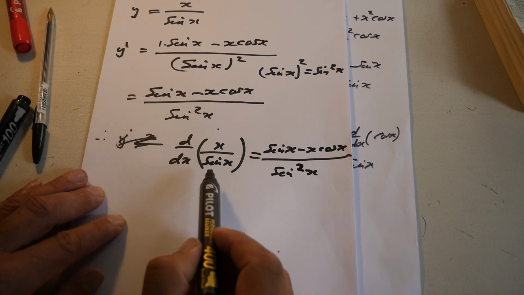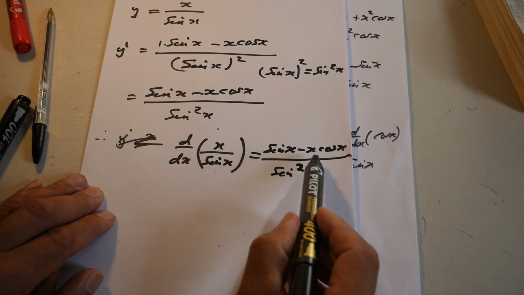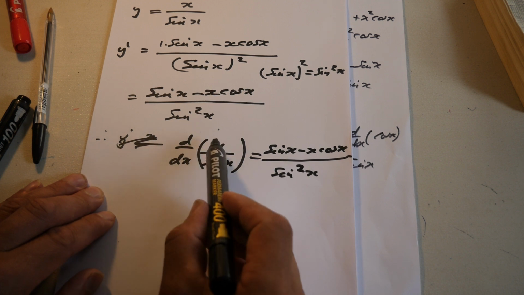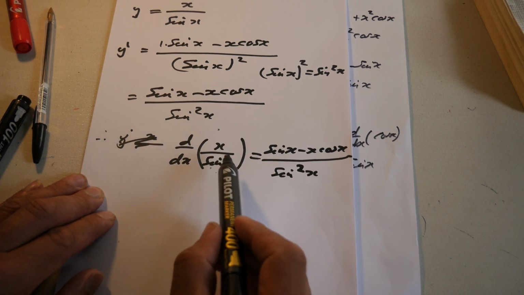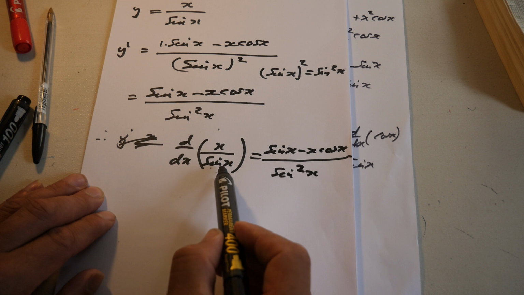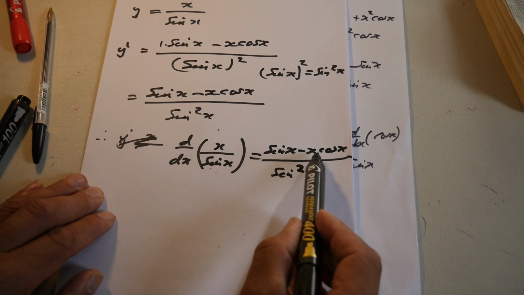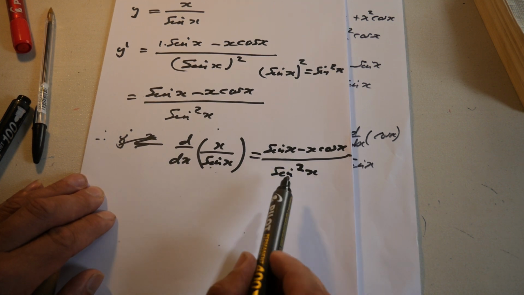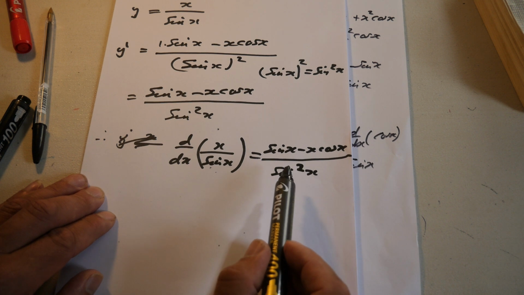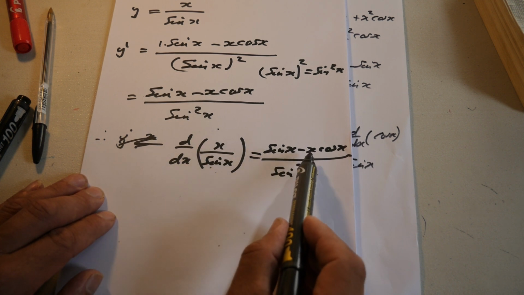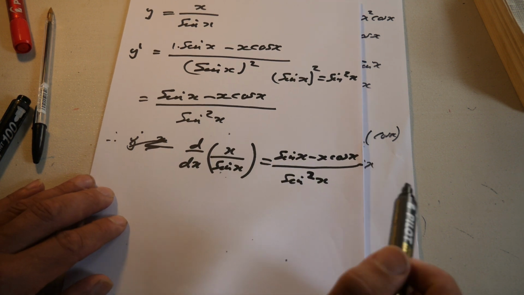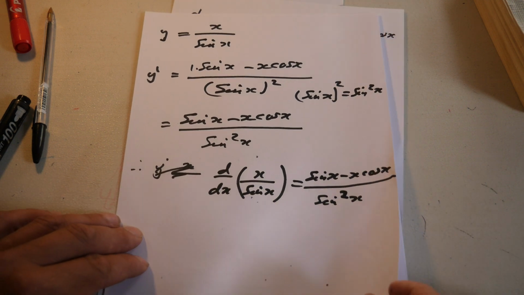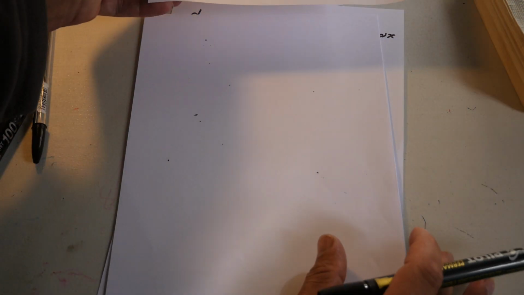You can read what I've written: sine x minus x cos x over sine squared x. Okay, sorry for the stumbling with my words.